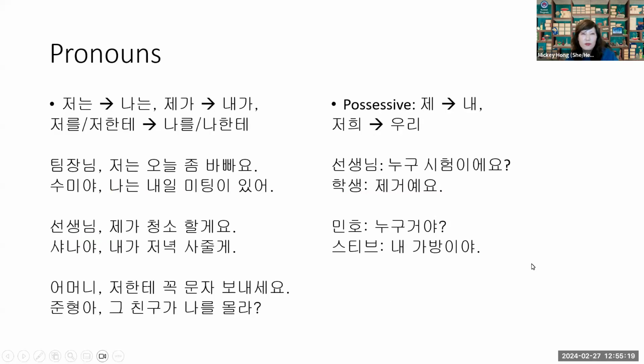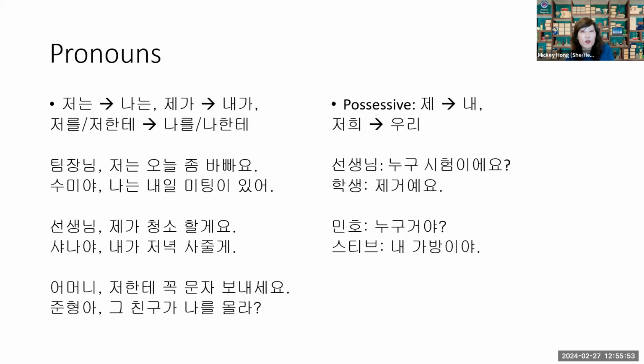casual, the intimate speech. So pronouns, I know we really told you, please use humble subject and topic for first person. 저는, 제가, okay? 저를. When you are with somebody who is younger or more casual with, you refer to yourself as 나는, 내가, okay? 나를, 나한테, okay?